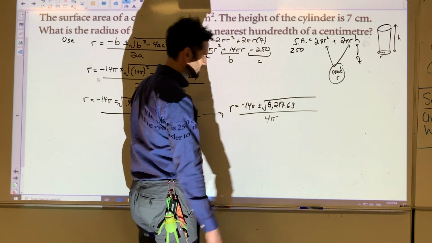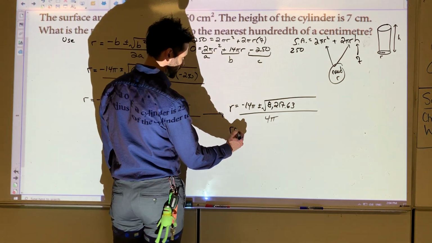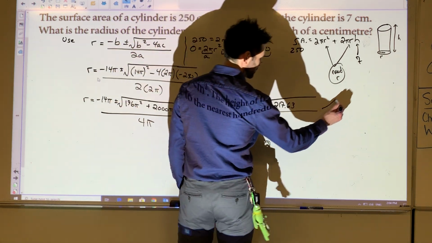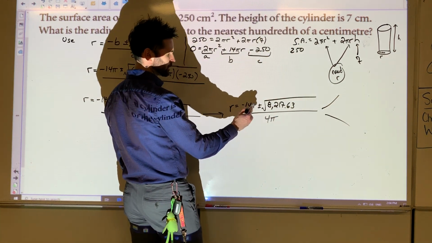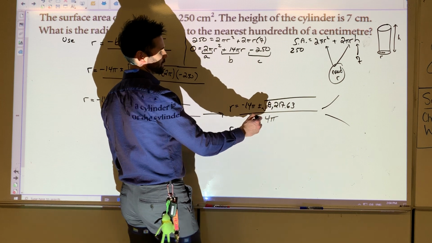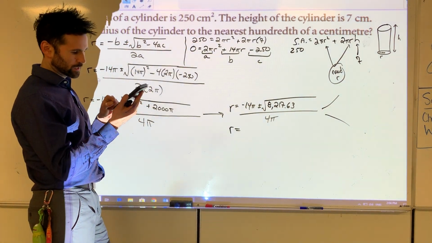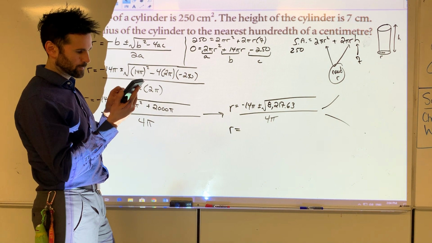Okay. And then just pop this in on your calculator. Get 2 values for R. So what I like to do is I'll do the first one, I'll do the plus. I'll go this plus the square root of that divided by 4 pi. So this you should certainly try. See if you can get the same answer as me.